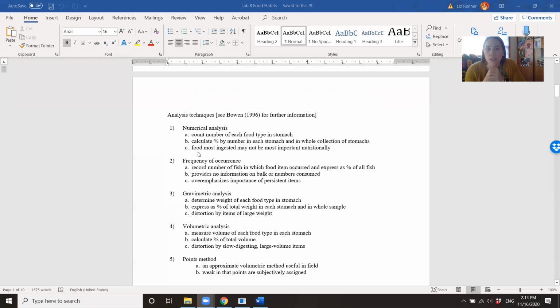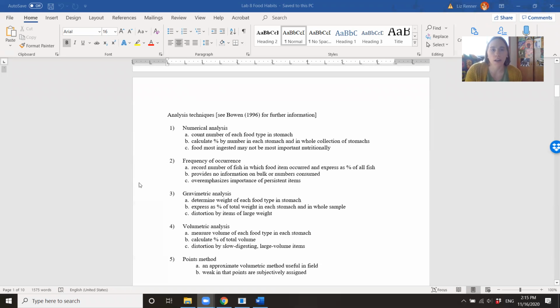So the problem with frequency of occurrence, like I said, is that it doesn't give us information on the bulk or the numbers consumed. And it also can overemphasize the importance of really persistent items. And so it overemphasizes things that show up regularly. That's a source of bias that we need to acknowledge when we use this as our metric.